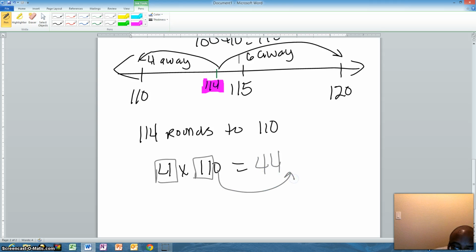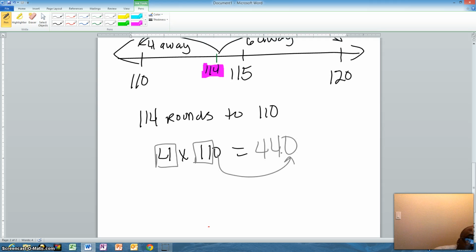Bring that annoying brother or sister along with you. And so 4 times 110 is 440. Now, back to our original problem. 4 times 114 is about 440.